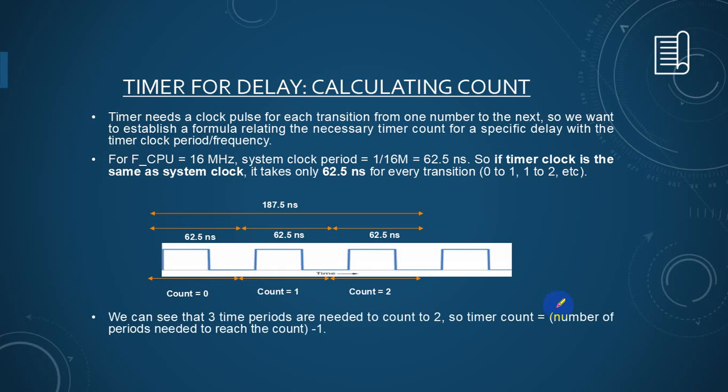For an 8-bit timer, how many counts are there? 0 to 255, so 256. You multiply 256 by 62.5 nanoseconds and you get a small value. Suppose you want to count a larger value. If you use this clock period of 62.5 nanoseconds with 256 counts, you cannot count a larger value.